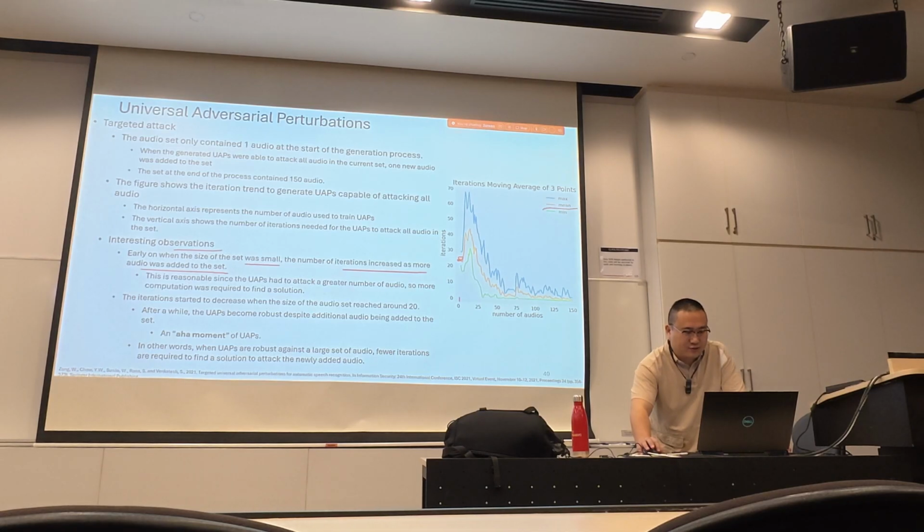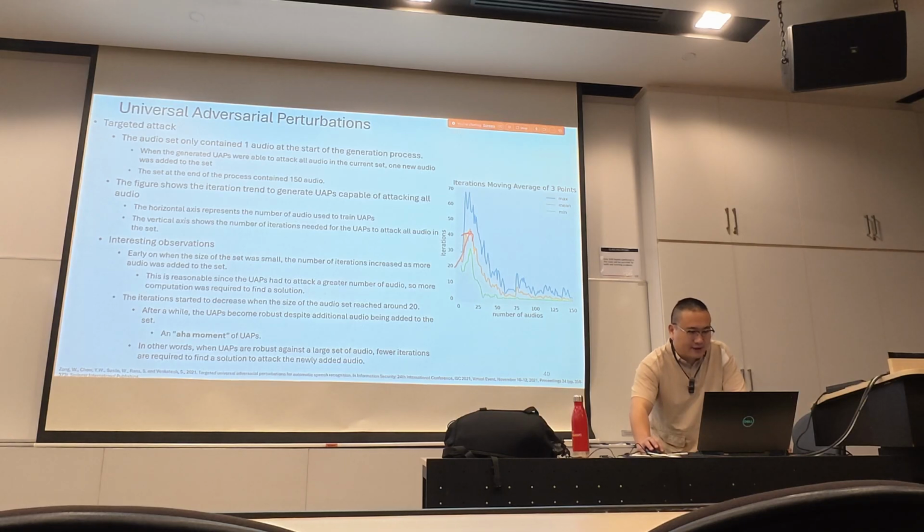And if we want the UAPs to fool more audios, for example 10 audios, then maybe we need over 40 updates to update the value of UAPs. So we can see an increase at the beginning. Actually, this is reasonable because it's harder and harder to make the UAPs fool more audios. So it's very straightforward.